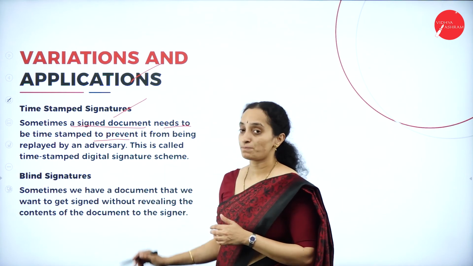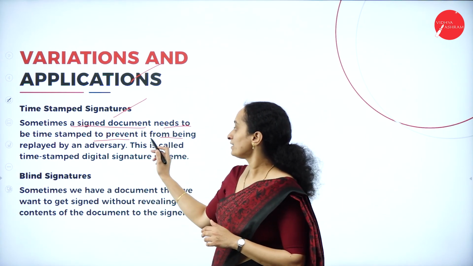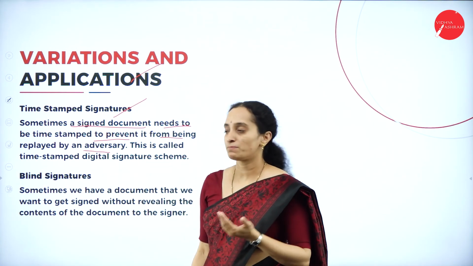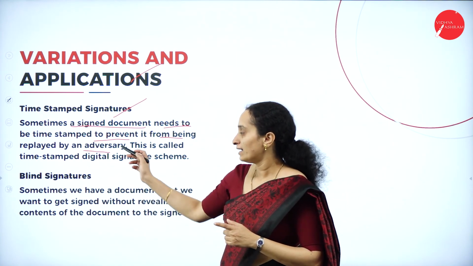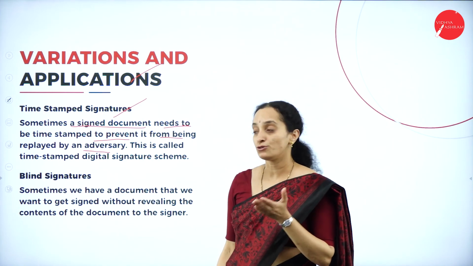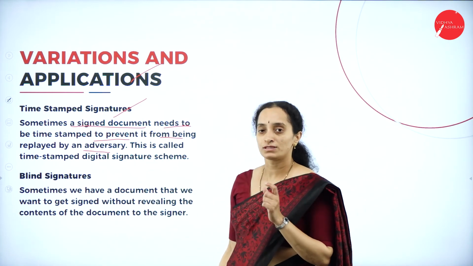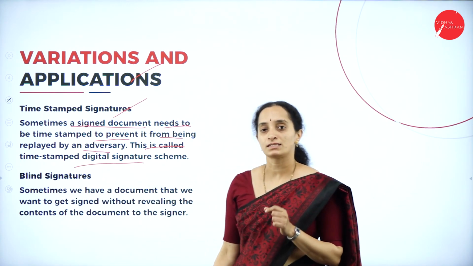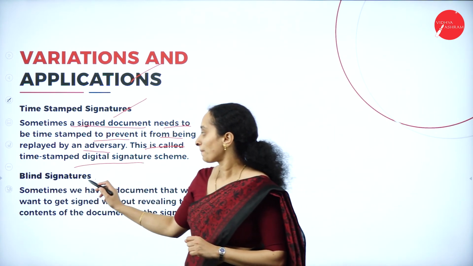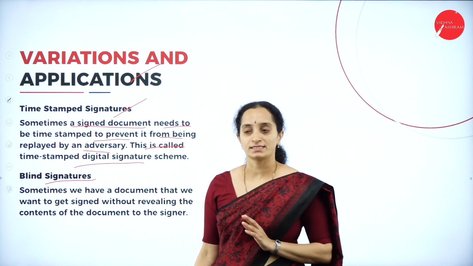So the timestamp is necessary to prevent it from being replayed by the adversary. We know about the replay attack, which may be done by the adversary. To avoid that, we use the timestamp. This is called the timestamped digital signature scheme.